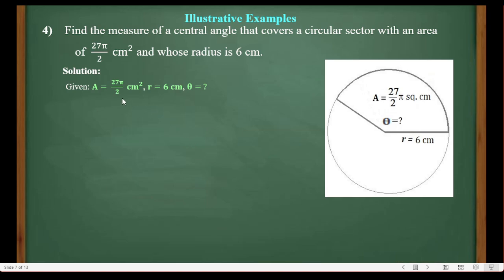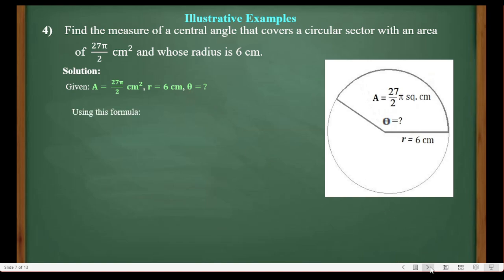Okay, we write the given information. The area of the sector, which is 27 pi over 2 square centimeters, the length of the radius, and the one we're looking for, the measure of the central angle.